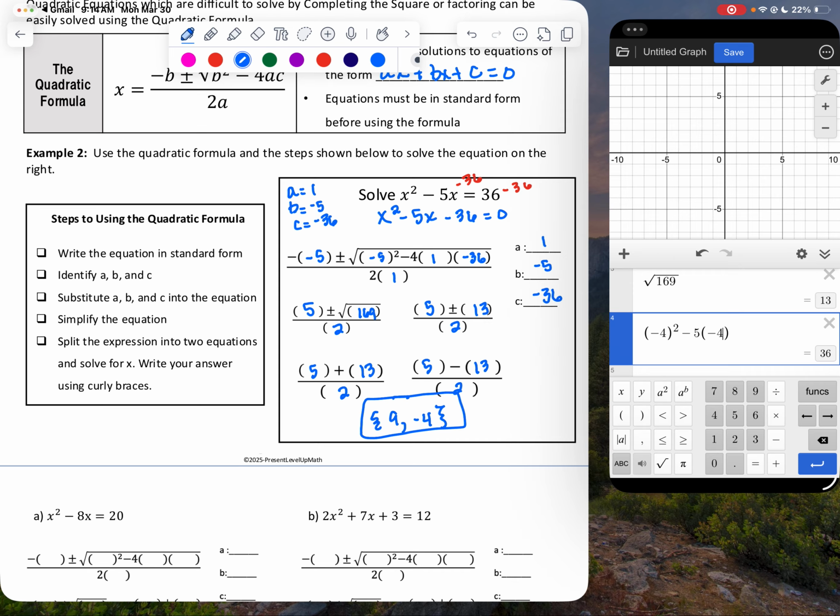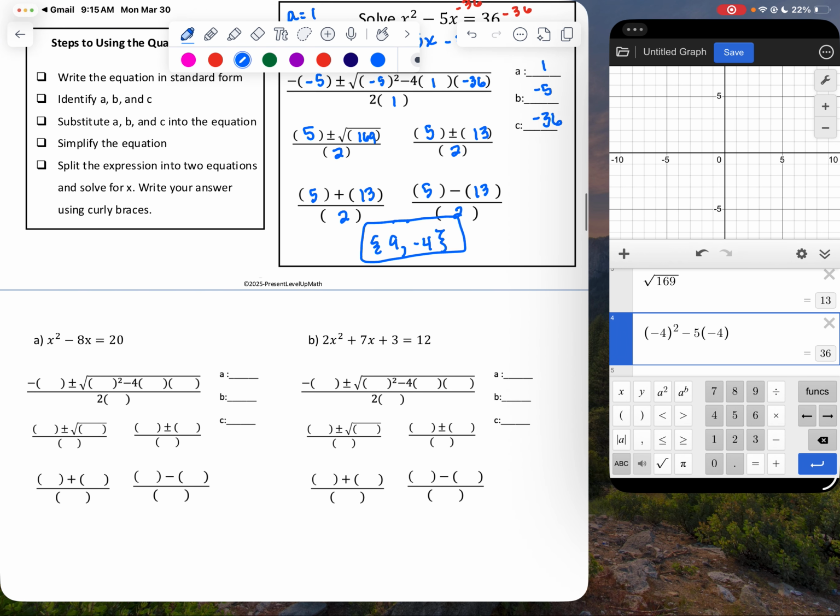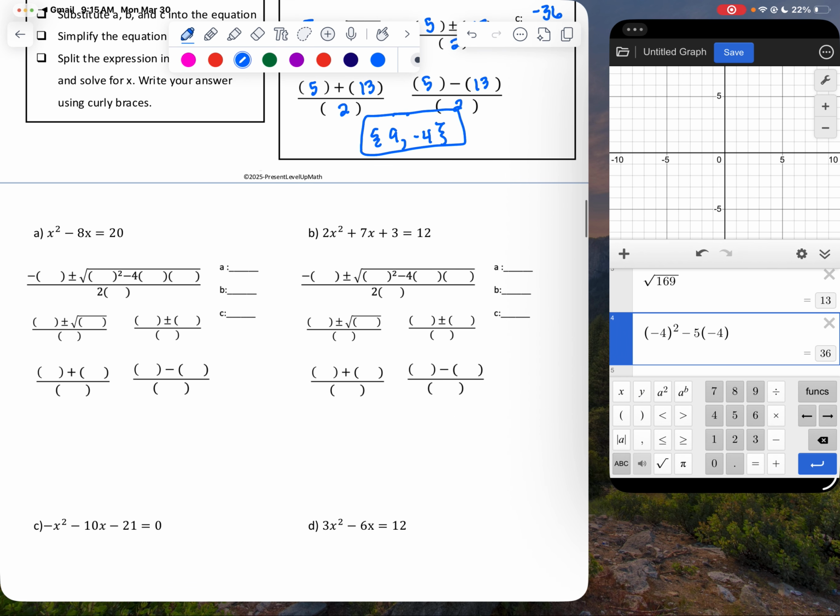Now, this problem could have easily been solved by factoring, but what I wanted to show you is that the quadratic formula works on every single equation. It always works. All right, problem A. We have x squared minus 8x is equal to 20. Step 1 is I want to rewrite the equation so that one side is equal to 0.